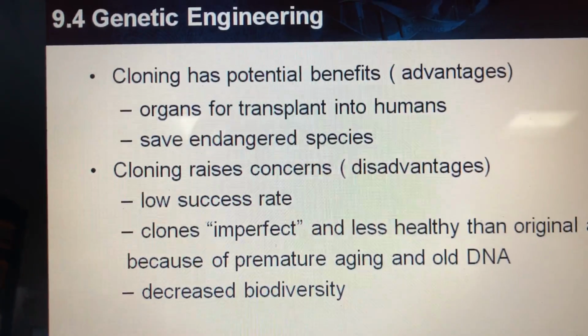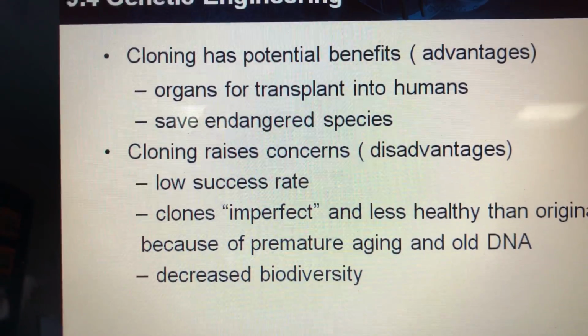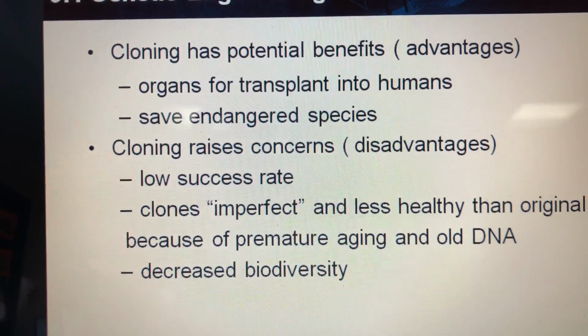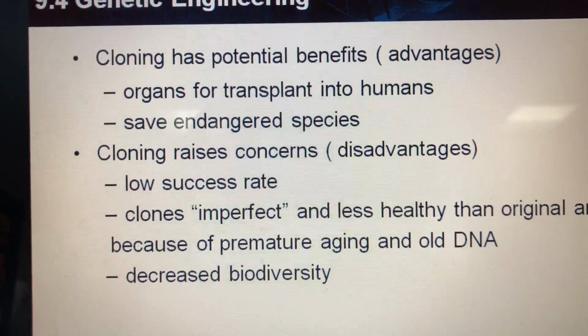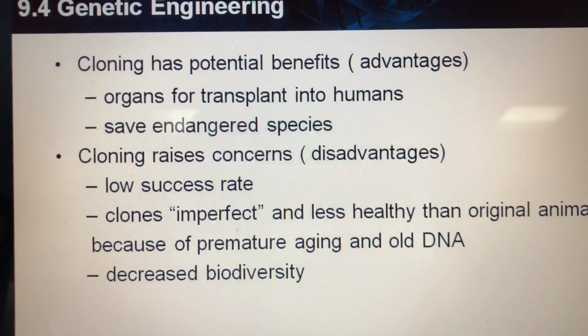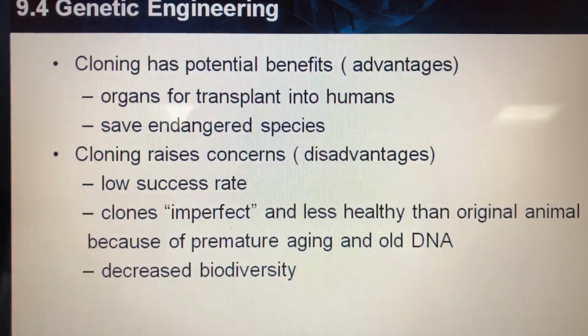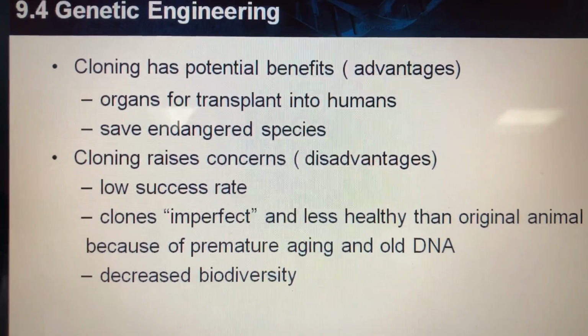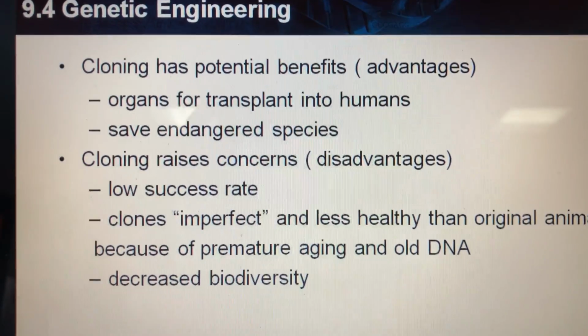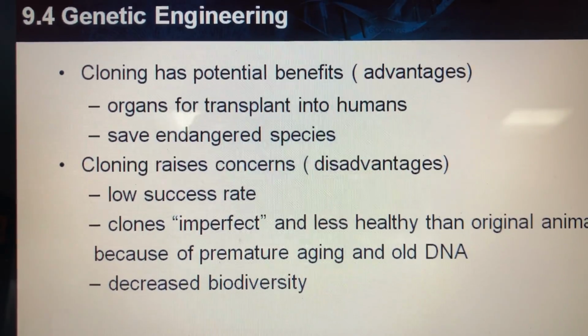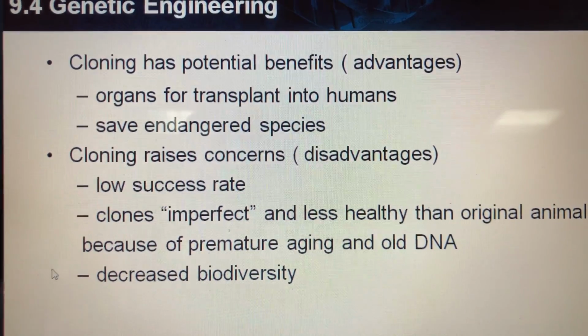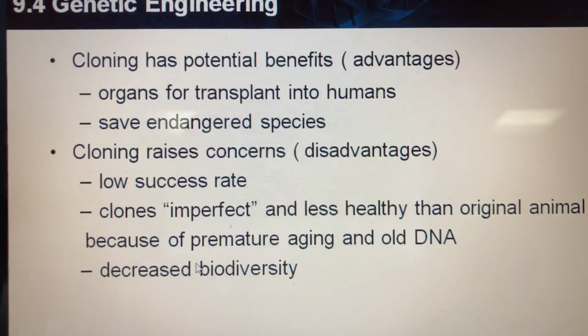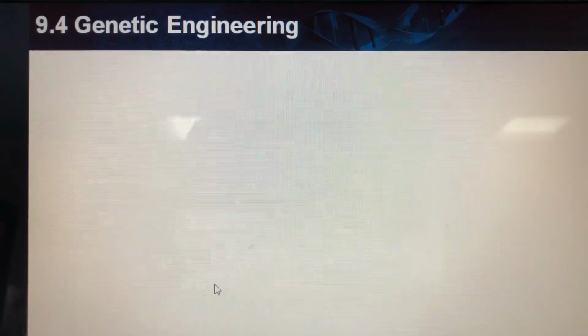The disadvantages of cloning are low success rate. In addition, clones are less healthy than the original animal because of premature aging and old DNA, as well as the decreased biodiversity, because if they clone endangered species, this will decrease the biodiversity among the living things.